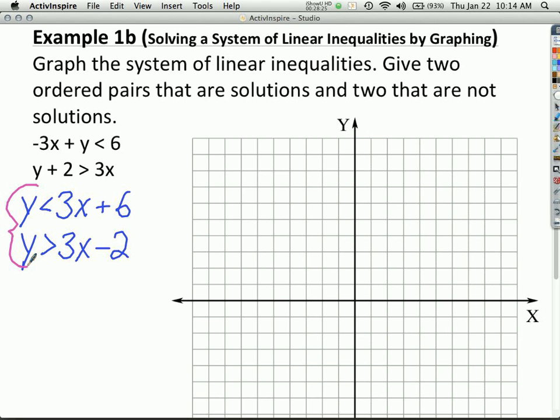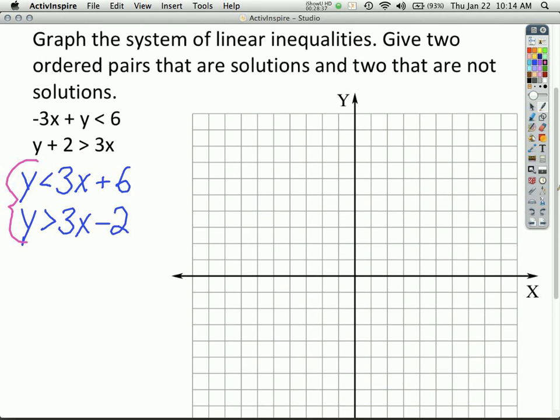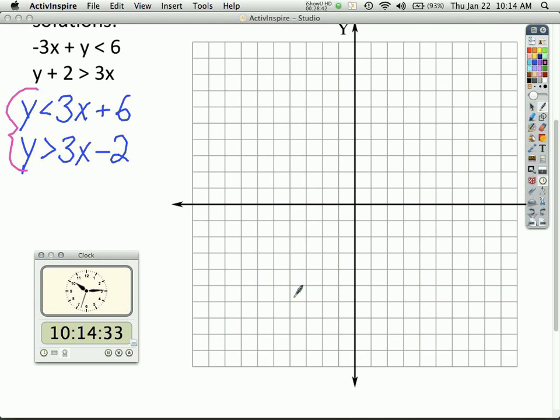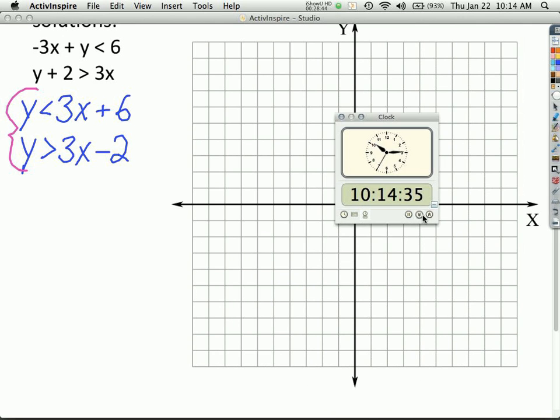The first question, I asked you to just do the boundary lines and hold off on the shading. This time, I would like you to do the whole graph. Do the boundary lines and the shading on your own. You may consult with your teammates or with me at any point. This is part of the learning process. So I'm going to put 3 minutes on the clock.